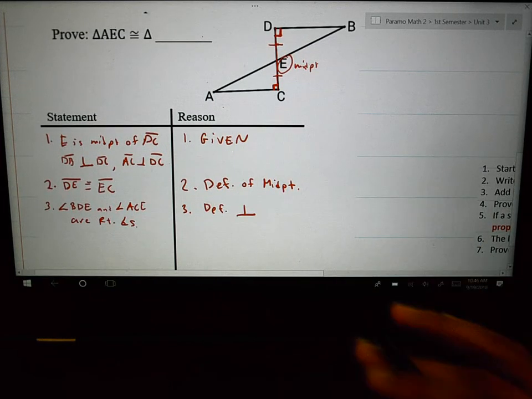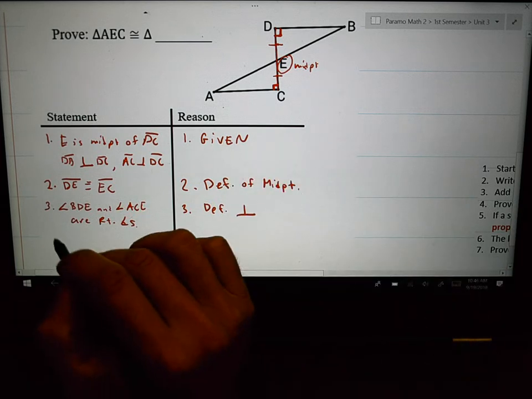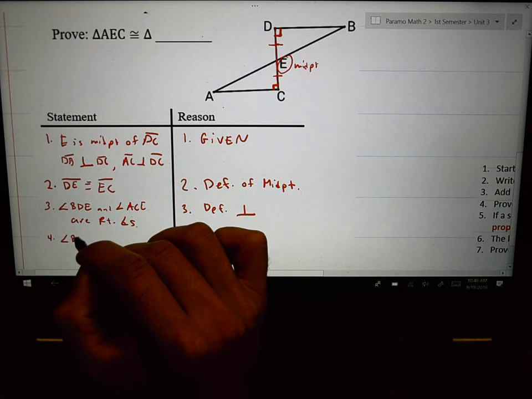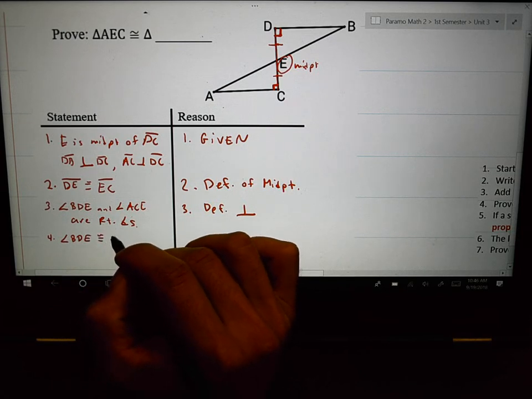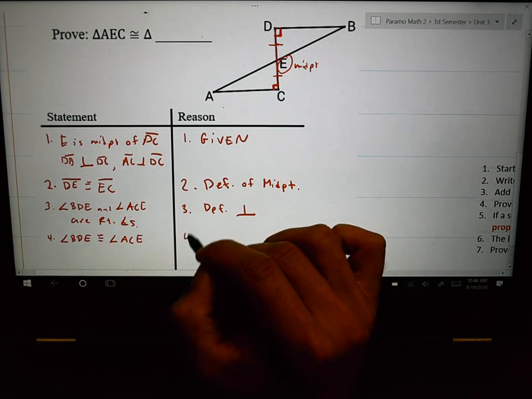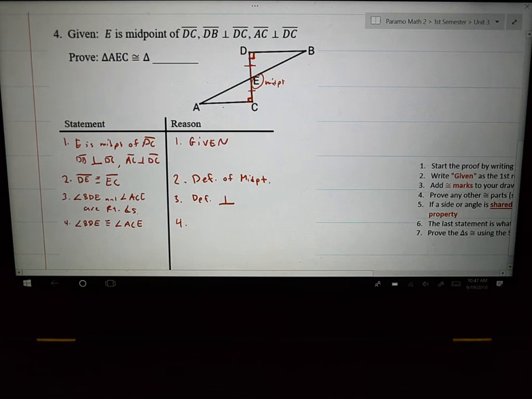But I can't jump into side angle side yet, or anything like that, until I prove that the angles are congruent to each other. So now I can actually go and say that angle BDE is congruent to angle ACE. I know that seems redundant, but you have to prove that the two angles are congruent to each other to use one of the 5 postulates.